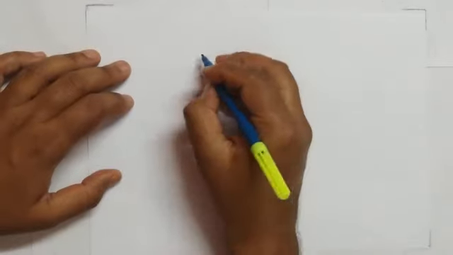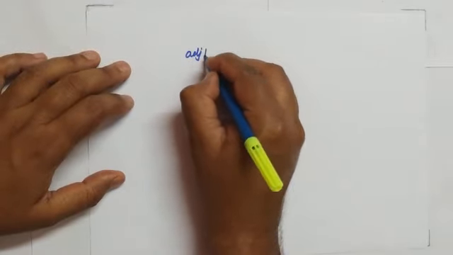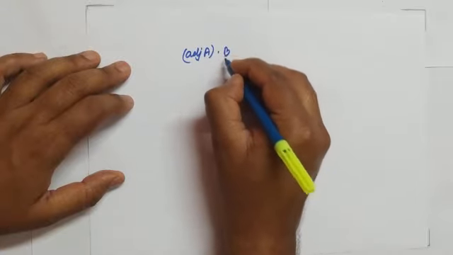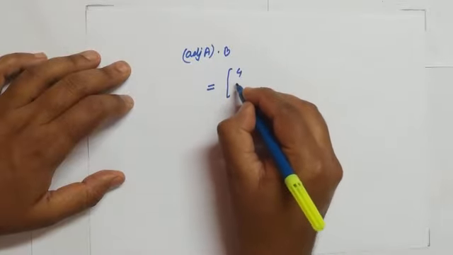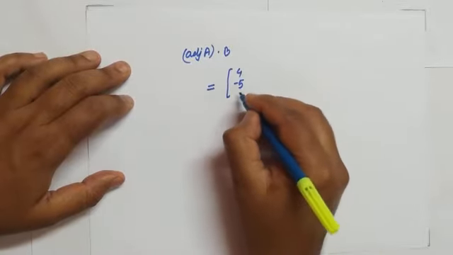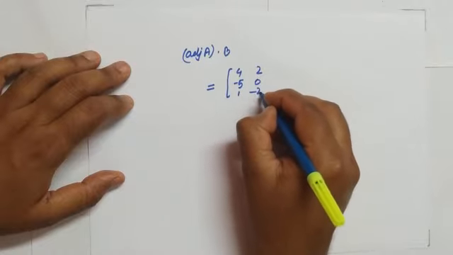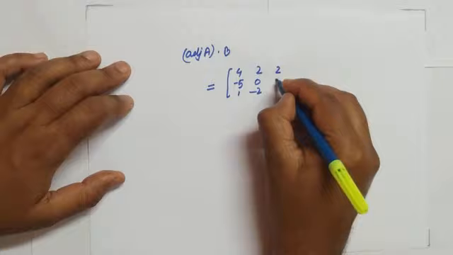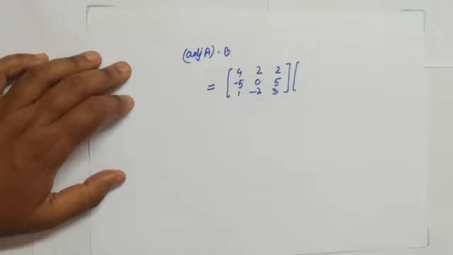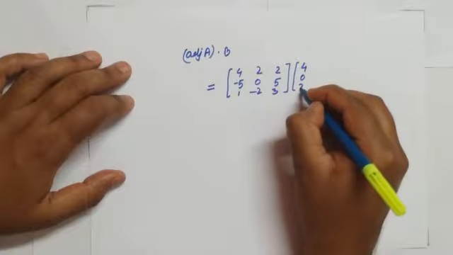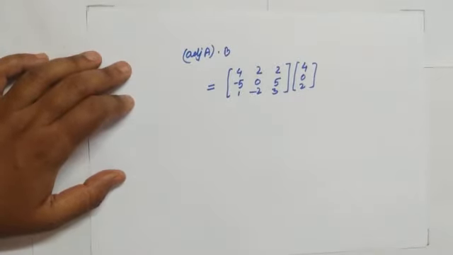Now we solve further. We will see the adjoint of A multiplied with B. Adjoint of A is 4 minus 5 1, 2 0 minus 2, 2 5 3, multiplied with B. B is given as 4 0 2.